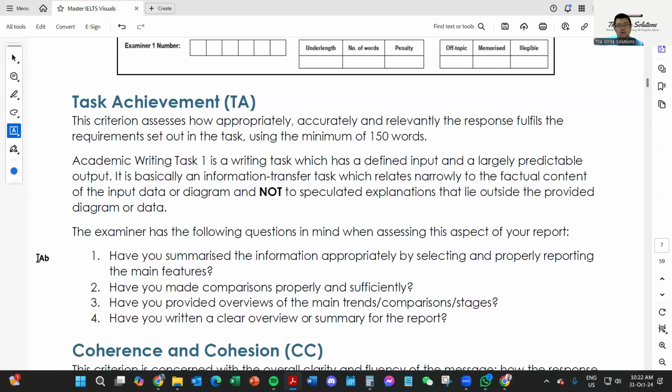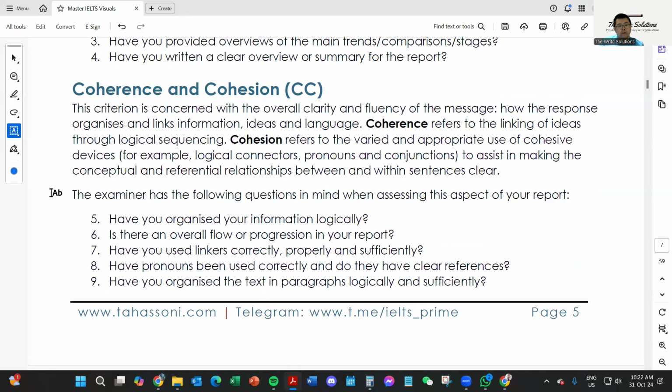As we said, have you summarized? Have you paraphrased? Overview, summary, comparisons, it's all here. Now, coherence and cohesion is the organization. As I said, 1, 2, 3, 4.